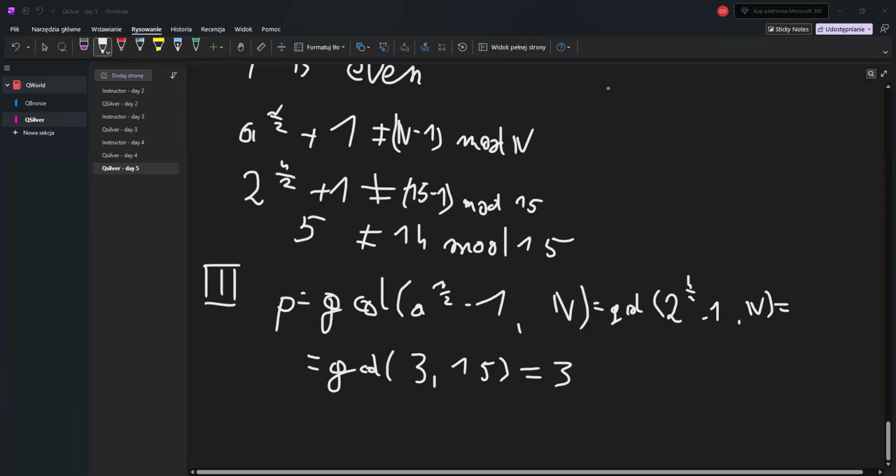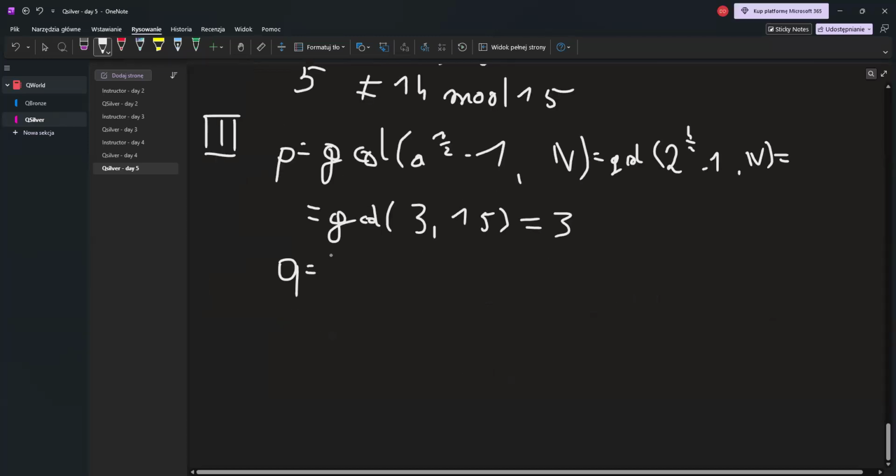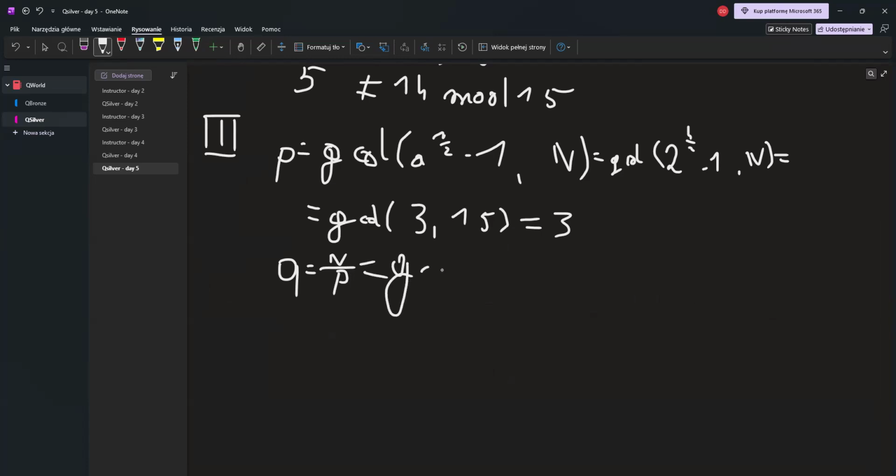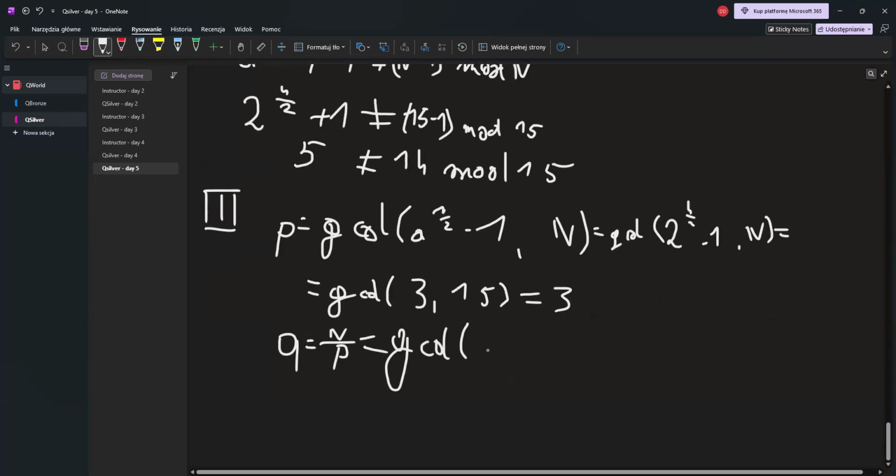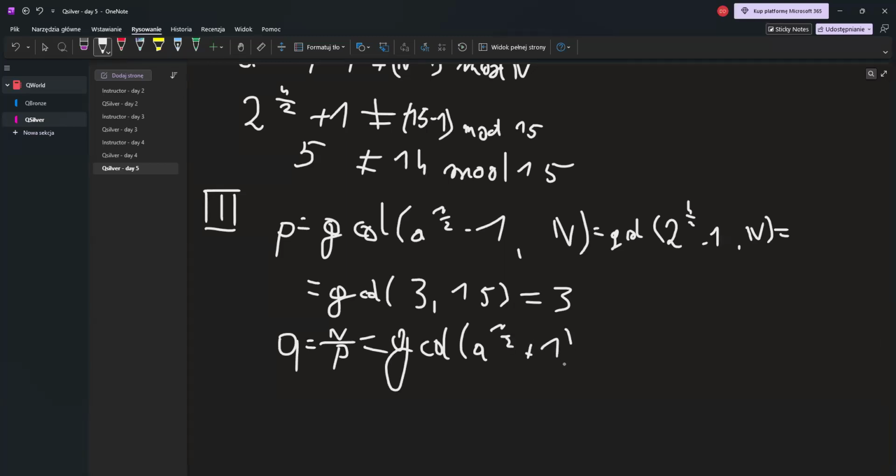Yes. So okay. So now we can also calculate q, and we can, of course, do something like this, yes? It's not a problem. But it will also hold true if you do it the old way, so calculating the greatest common divisor of such an expression, which will be equal again.